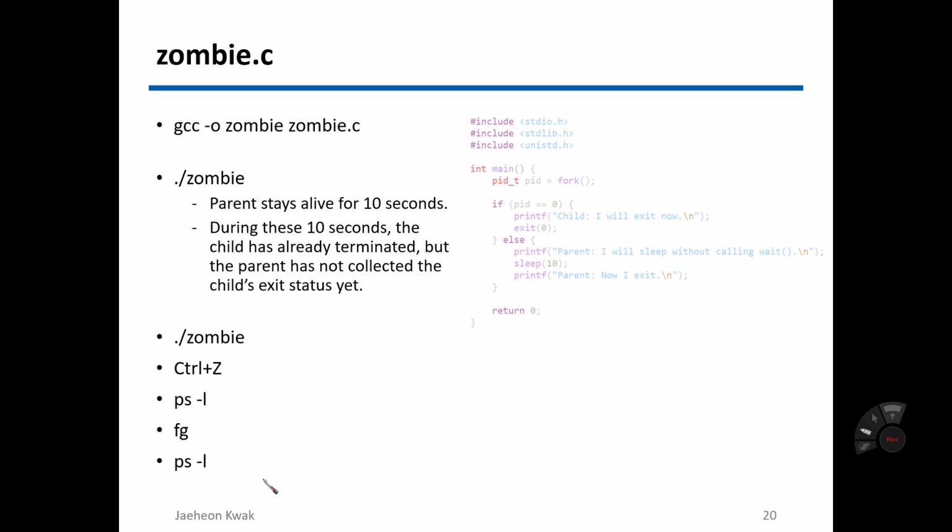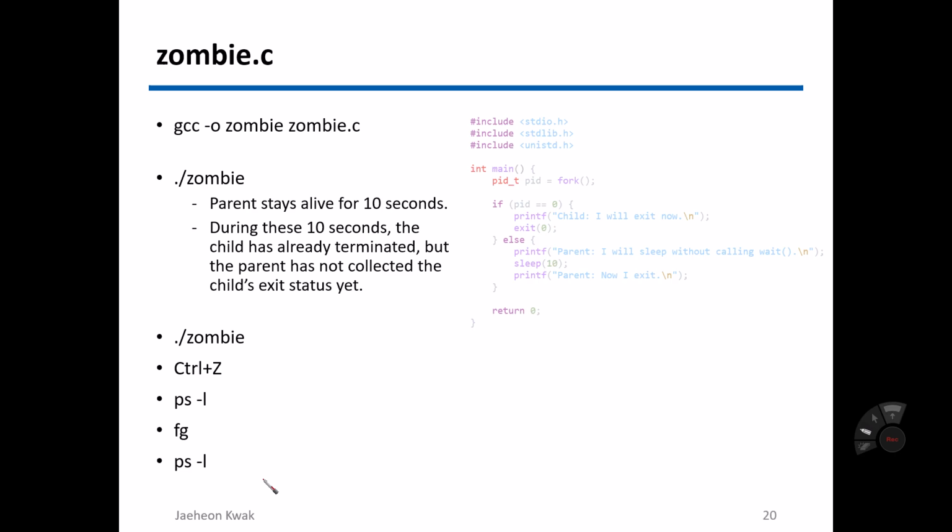By typing FG or BG, we can resume the paused process. However, when I type this FG command, this string will be printed immediately, because the sleep timer works independently of the pausing.